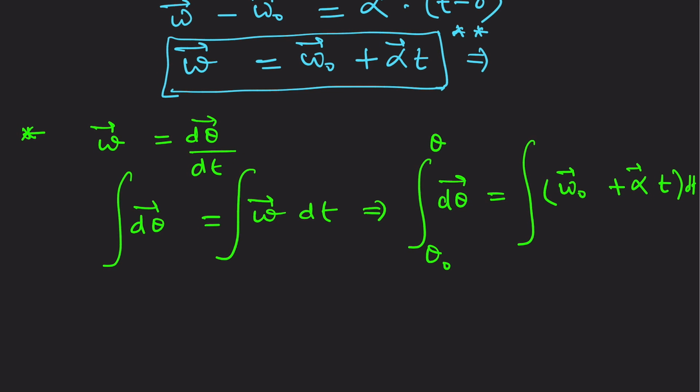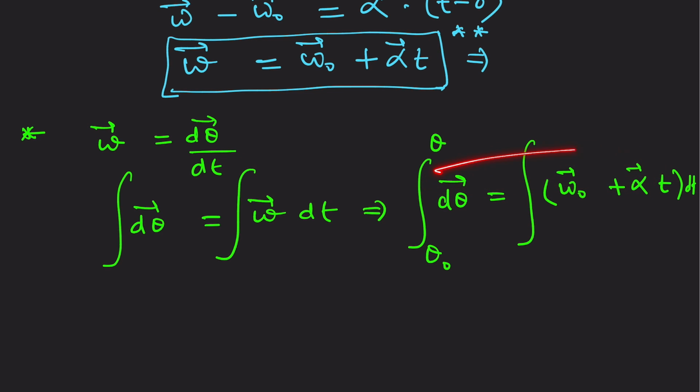Now guys, if I integrate this, try to understand. This will come as a vector quantity, but this will not come as a vector quantity now, because if I integrate, this part will be a vector, this part will be a vector. So that's why these vector quantities we have to now remove, because for a certain time interval this equation can't be applied.